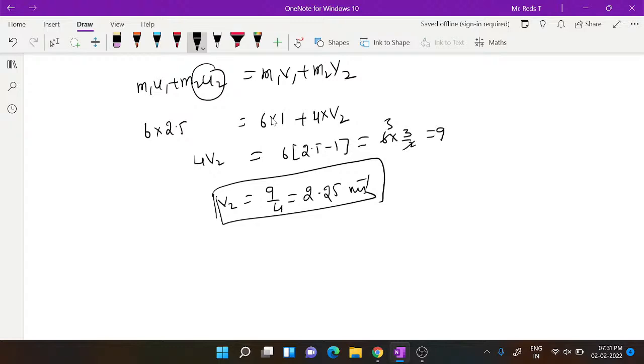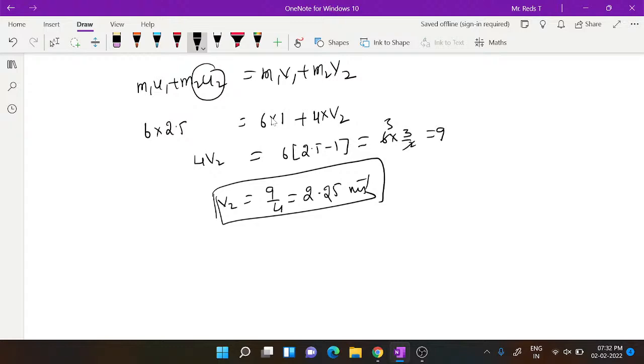A neutron travels fast and loses energy, colliding perfectly elastically with the nucleus of an atom of mass A. For elastic collision, V1 is M1 minus M2 by M1 plus M2 into U1.